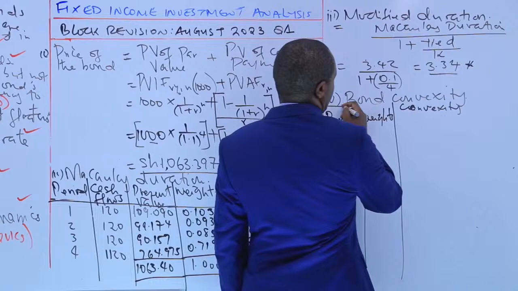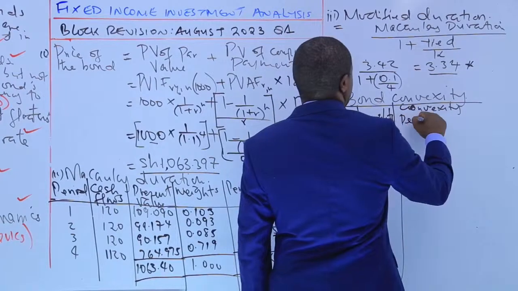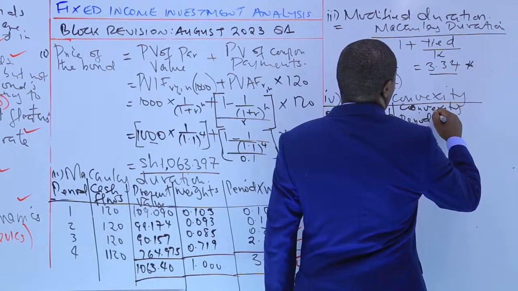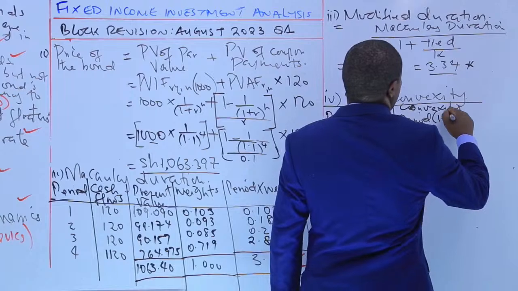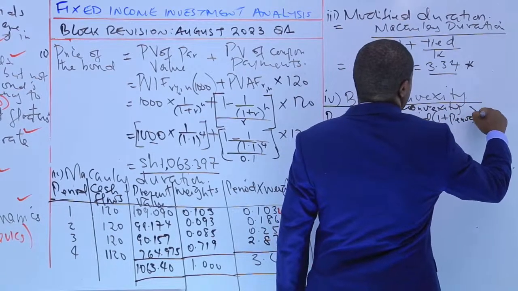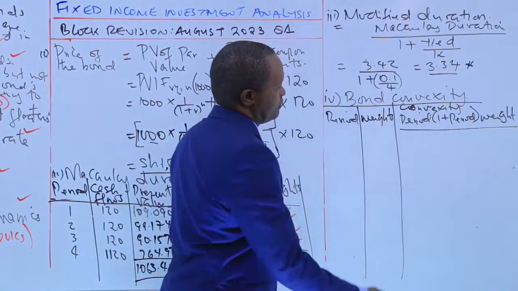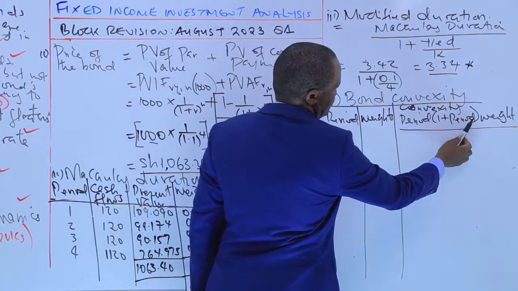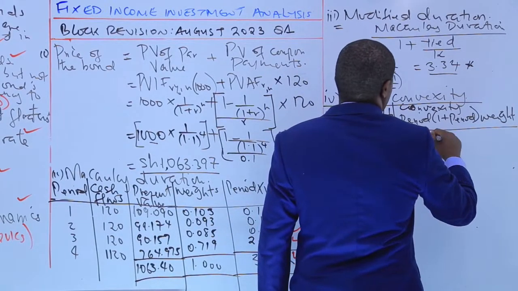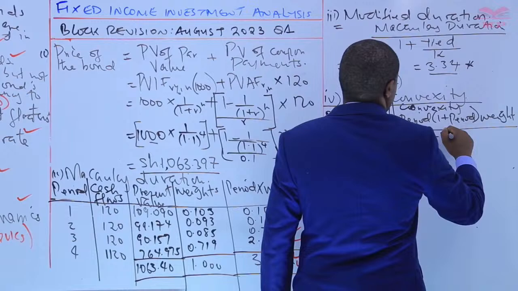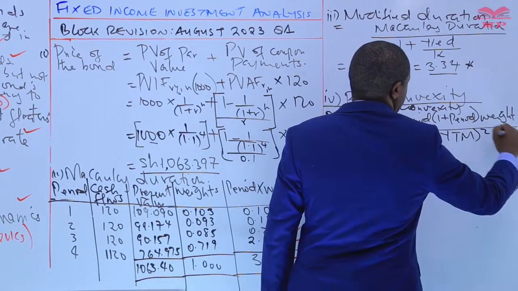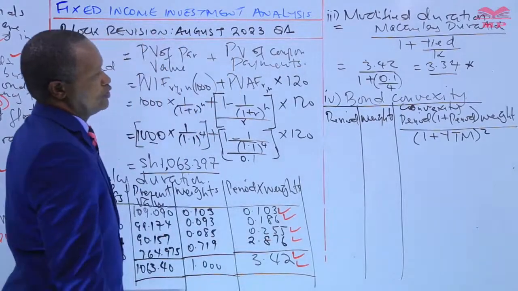We're going to take the period into 1 plus period times weight. We divide by 1 plus yield to maturity squared. That is the formula for convexity.